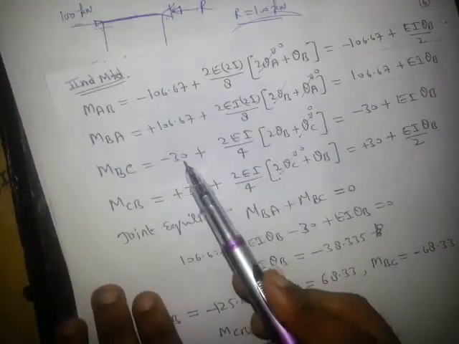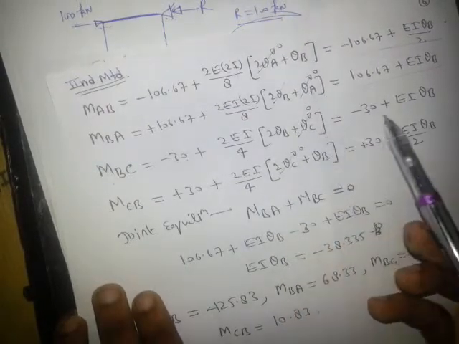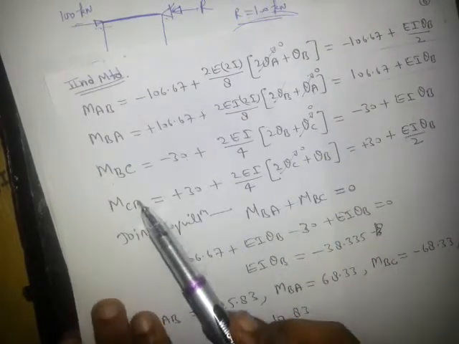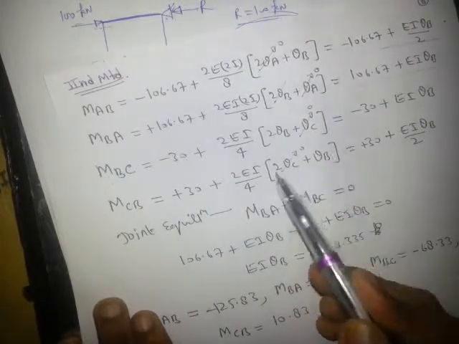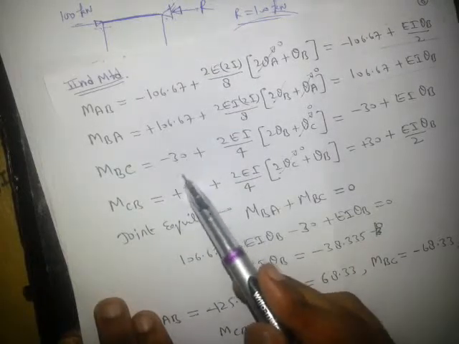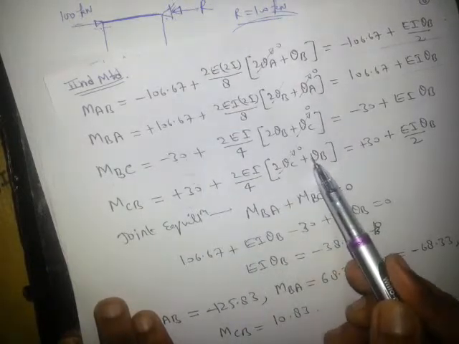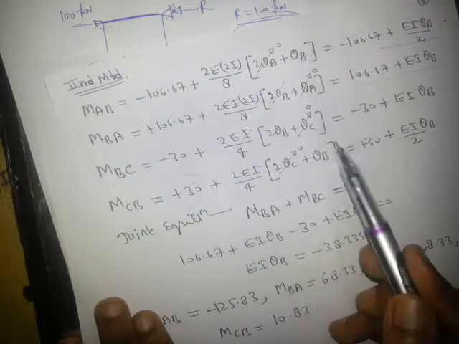So you will write minus this, 2 EI divided by L, 2 theta B plus theta C, and delta is 0. And again from C to B, only this 2 will come here and the 1 will come here, the remaining things will be the same, and only this value will change, and this delta will be the same.